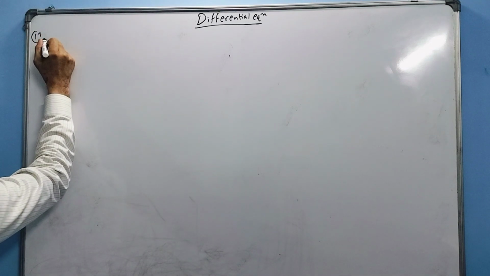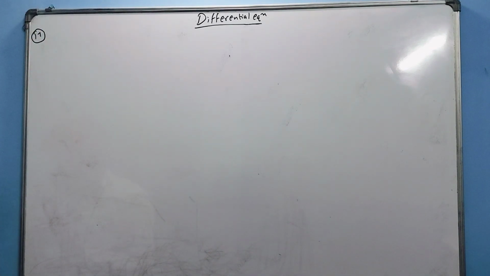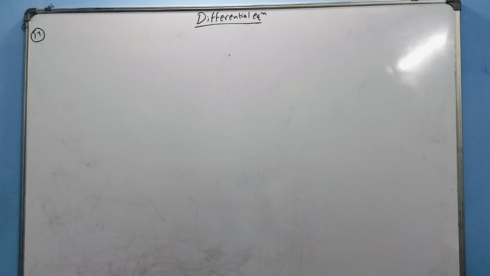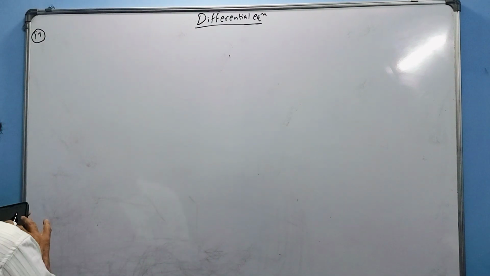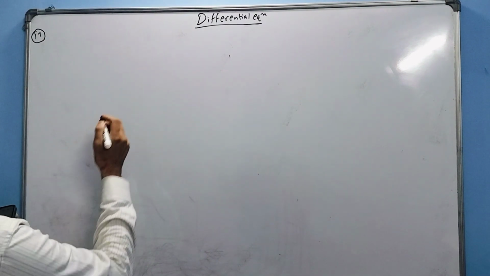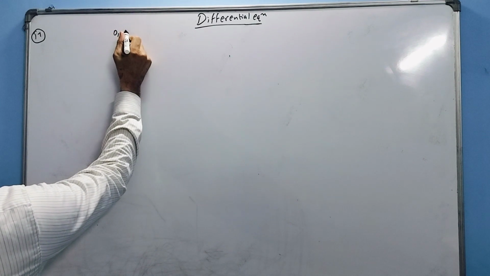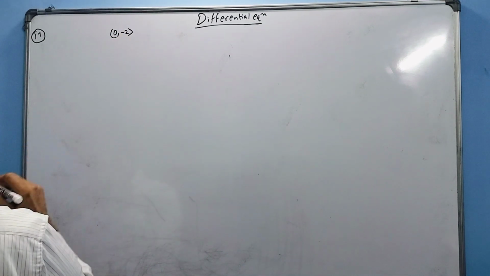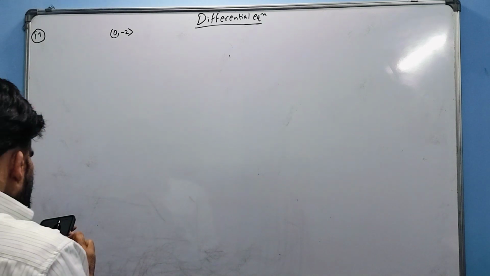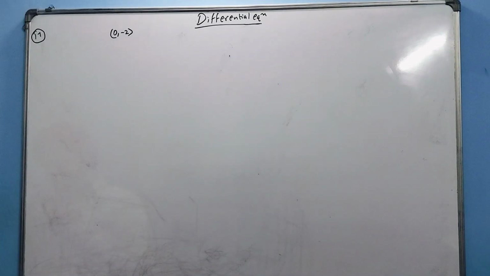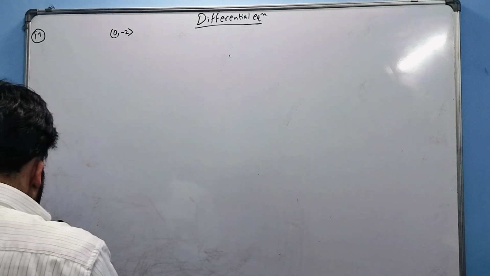Now the question says we need to find the equation of a curve passing through the point 0 minus 2, and given that at any point P x y on the curve, the product of the slope of its tangent and y coordinate of the point is equal to the x coordinate.